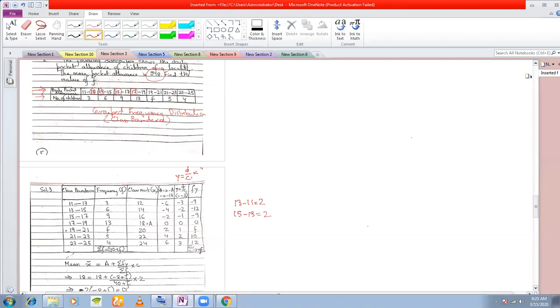So this is d divided by 2. For the first one, d here is minus 6, so minus 6 divided by 2 will give you a minus 3. Next, minus 4 divided by 2 will give you a minus 2, and so on.